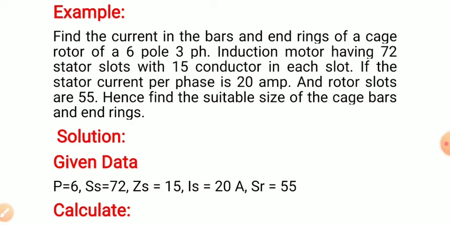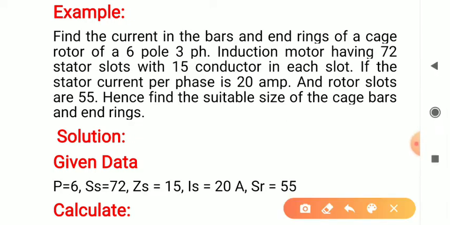Now if you read this example, it is asked to calculate four different quantities. The first is the current in the bars and end rings. It means we need to calculate the current in the rotor bar, that is IB, and current in the end ring, that is IE.